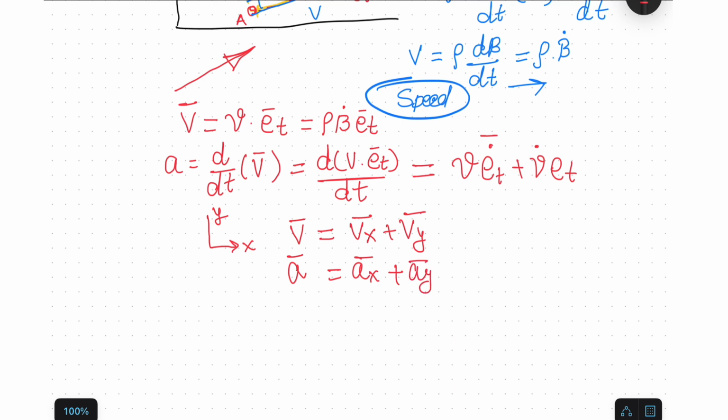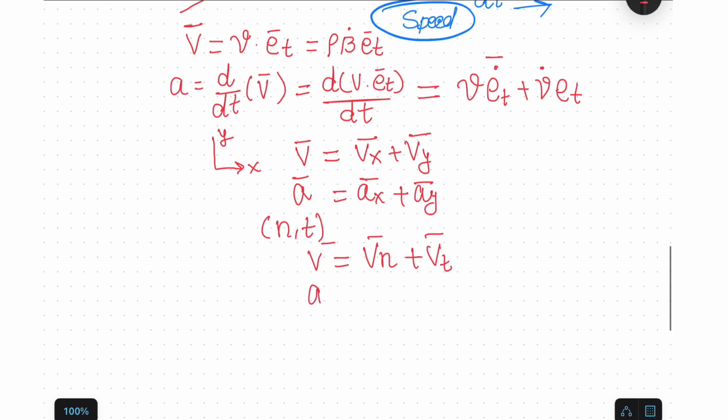Similarly, in the n and t coordinate system, we can write v is equal to vn plus vt, and acceleration a will be an plus at.